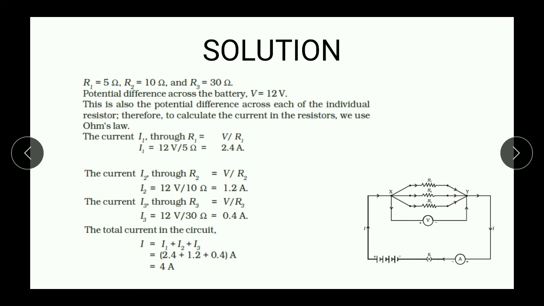Then you will find I3, which is 12 volts divided by 30 ohms, which you will get as 0.4 amperes. Now you know how to find total current. You have to simply add all the three currents. So 2.4 plus 1.2 plus 0.4, this will give you 4 amperes. So total current flowing through this circuit is 4 amperes.